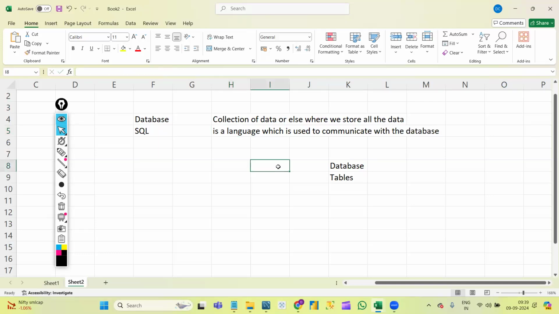As I said just now in the previous example, they may use English or Hindi as a language to communicate with the peon. If we maintain the data in databases, to make the database understand what we want, we will use a language called SQL. I hope these two definitions are clear for you.